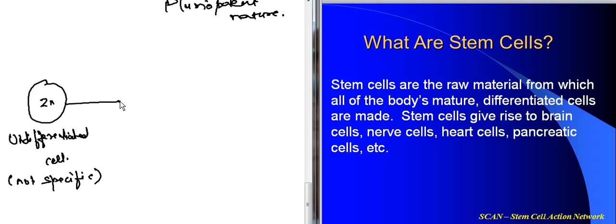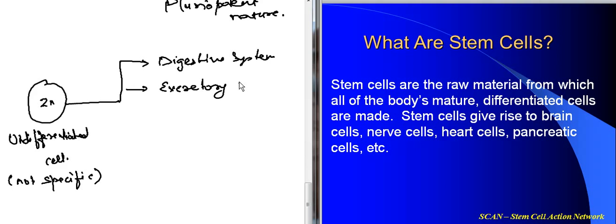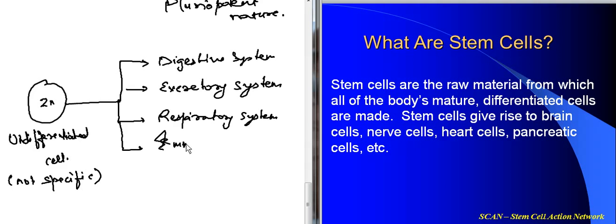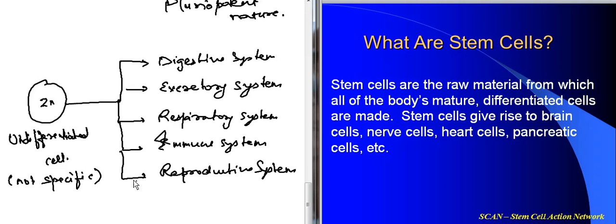Now these cells will form your digestive system, excretory system, respiratory system, immune system, reproductive system, and skeleton.